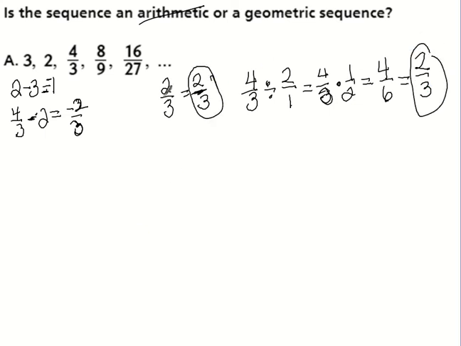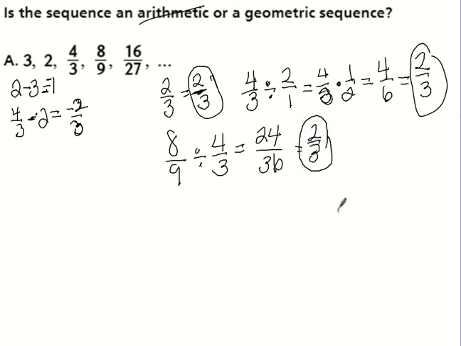That's a good sign. We would technically have to check the rest of them. So I would do 8/9 divided by 4/3. That gets me 24/36. I can divide both by 12, and I get 2/3.